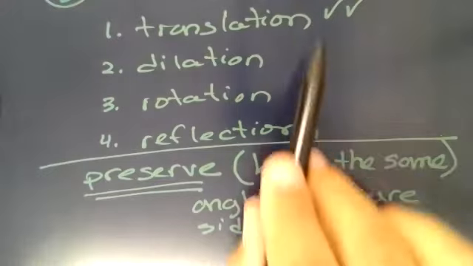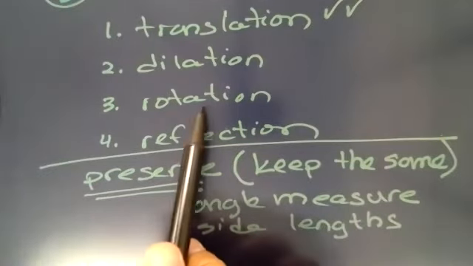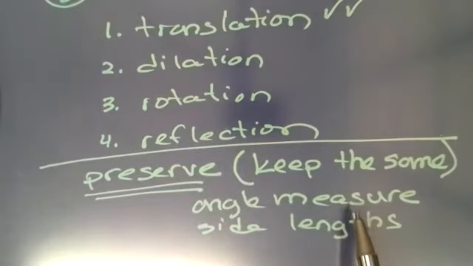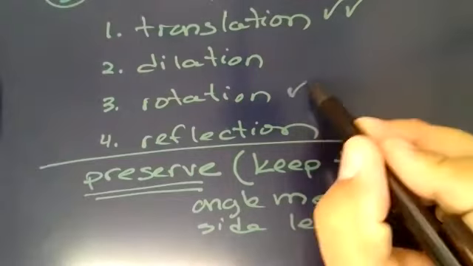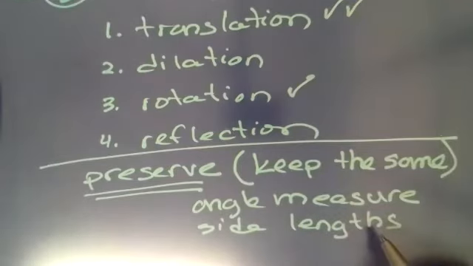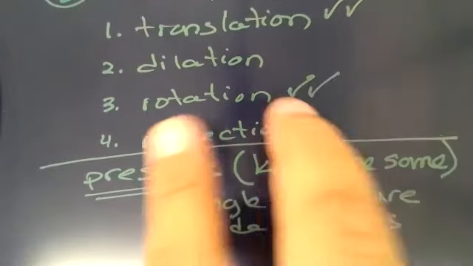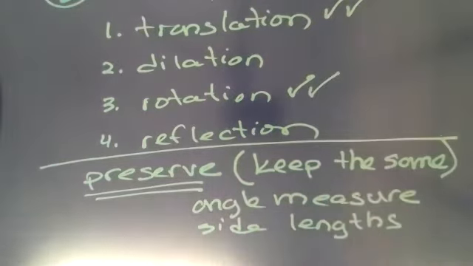So that's why I'm putting 2 checks on. Let's go to rotation. Does rotation preserve angle measure? Yes. Does it preserve side lengths as well? Yes, it does. It doesn't change. Just because you rotate the figure, it stays the same.